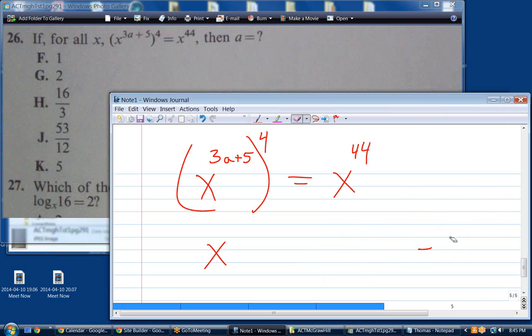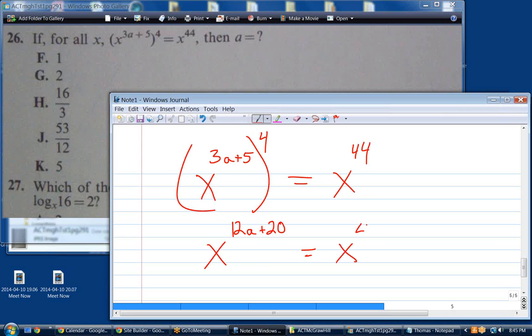Well, here I'm double exponentiating, so I got to multiply the exponents. So what do I get when I multiply these exponents? You get 12a plus 20.